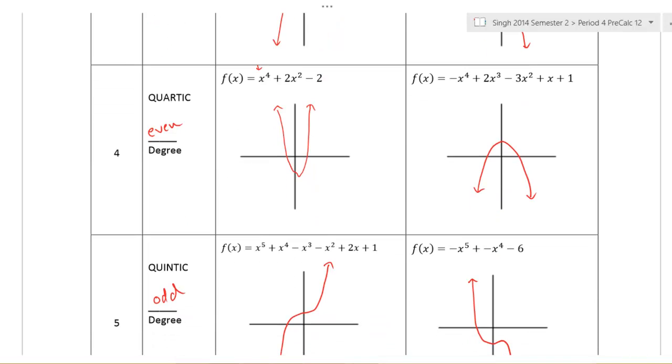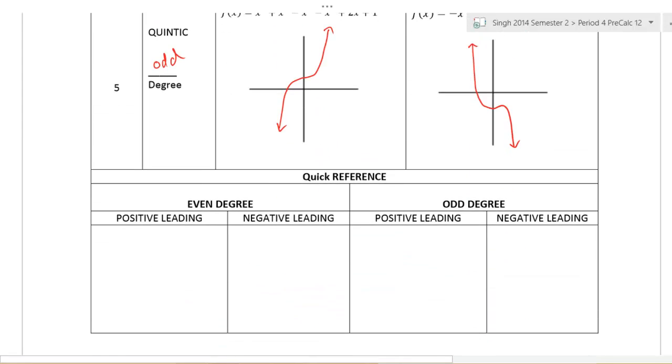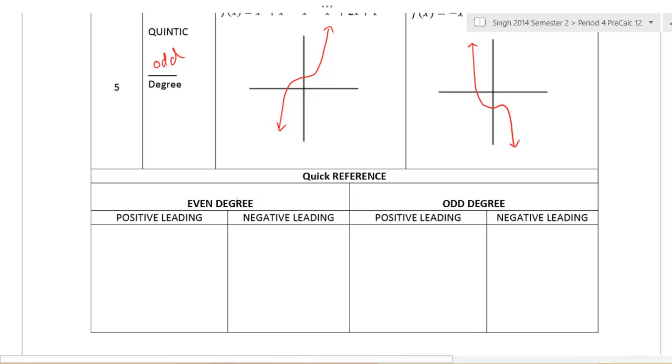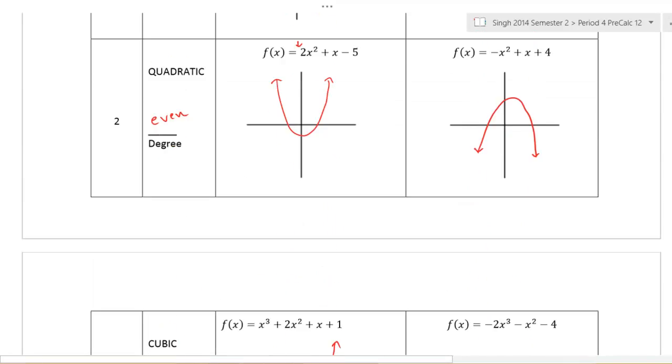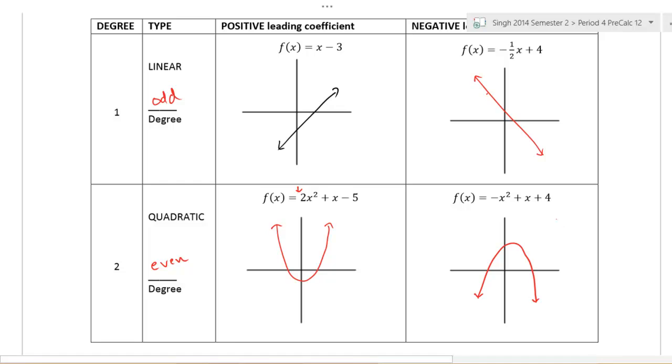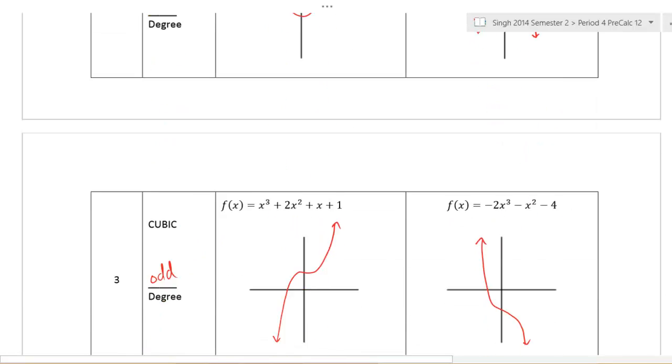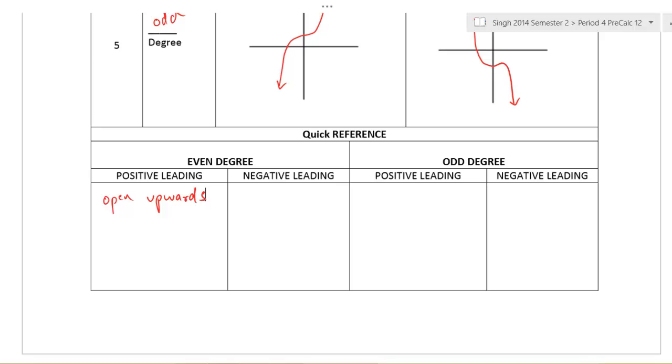Both the endpoints are going upwards. So we're going to write that down. When an even degree function has a positive leading coefficient, it's going to open upwards. Similarly, the negative leading coefficient, right? So there and there, those ones are going to be opening downwards.